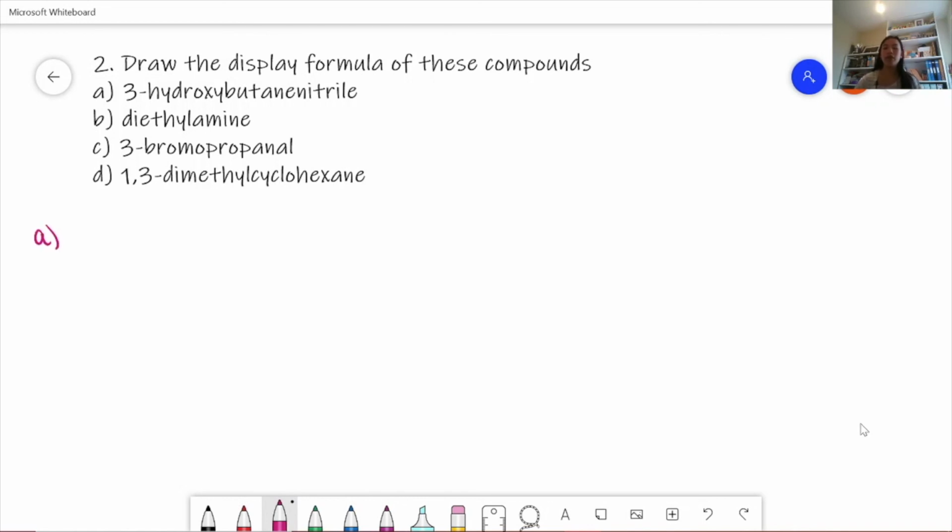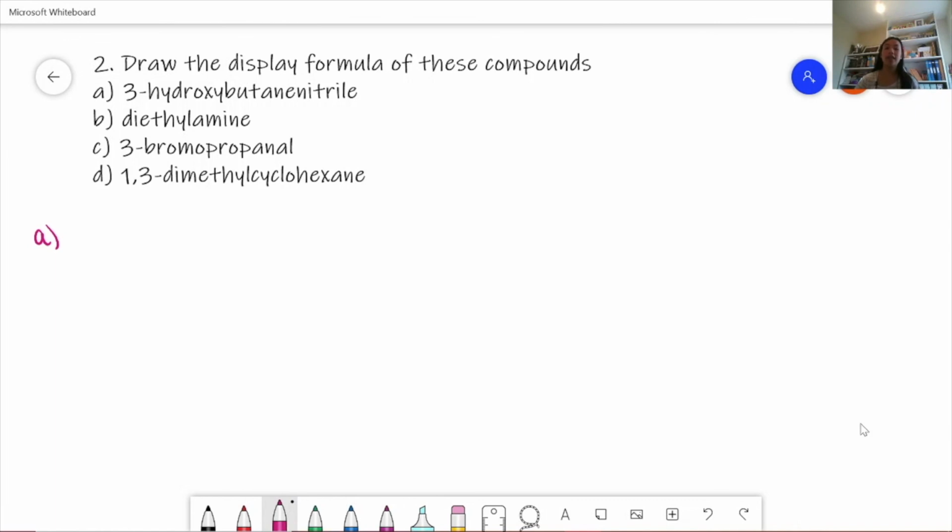So first, we think about the main bit of this compound. And the main bit is the butane nitrile, because hydroxy is just saying that we've got an OH attached somewhere. So the main chain will be the butane nitrile. And but is the prefix for 4, so that means we've got 4 carbons and it's a nitrile.